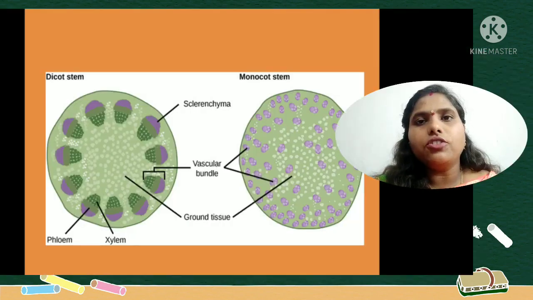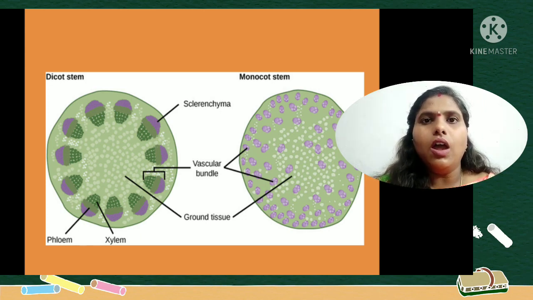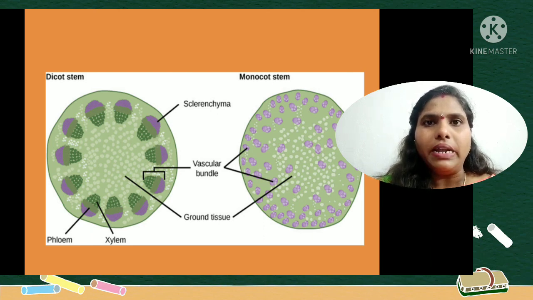These vascular tissues are present not only in dicot stem, but also in monocot stem and in monocot and dicot roots. Both root and stem have these vascular tissues for the conduction of water, food materials and minerals from the main part to the other parts of the plant.